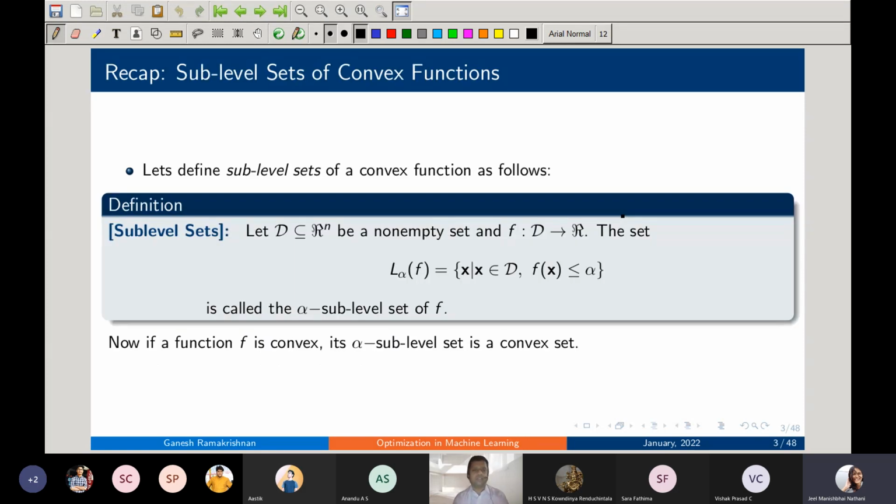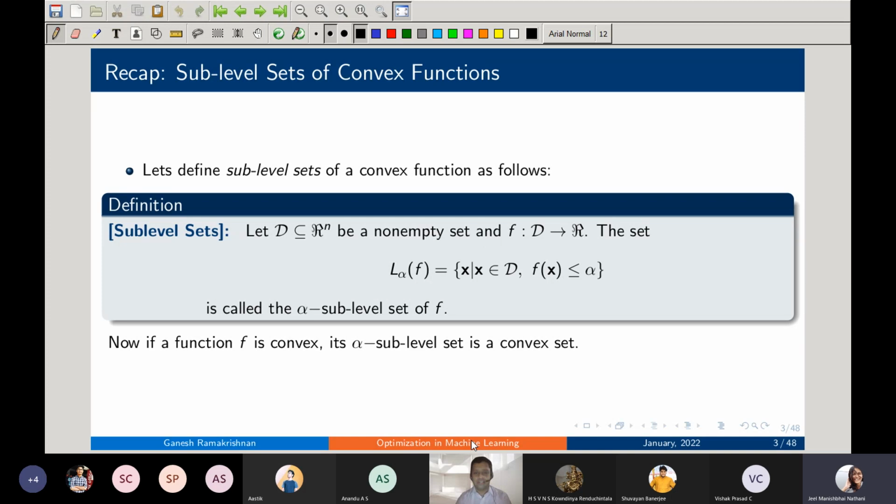So let's just do this recap. Let's recap the notion of sublevel sets of convex functions. If a function f is convex, all these sublevel sets, which correspond to the sets of x such that the function value is upper bounded by an alpha, are convex sets.